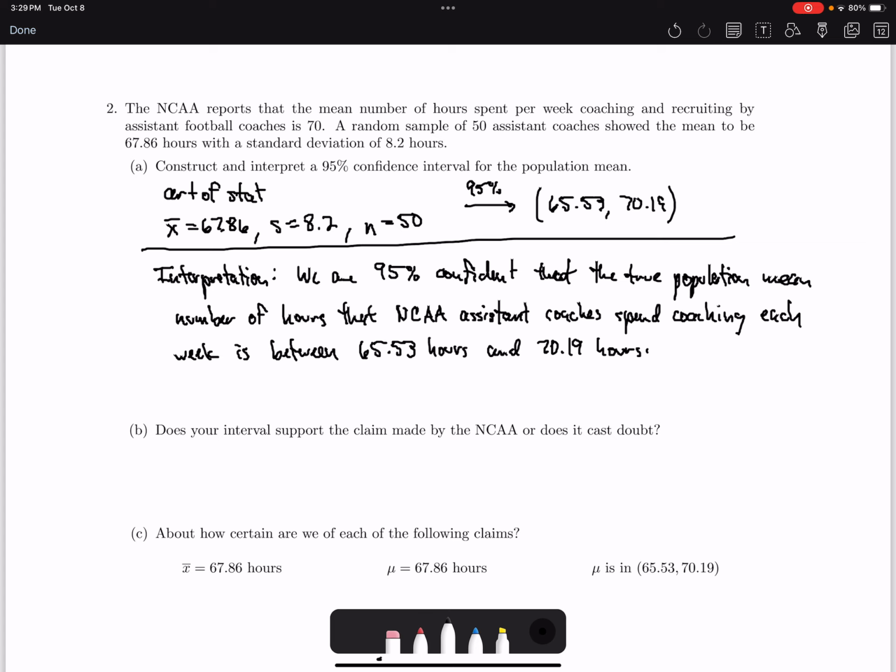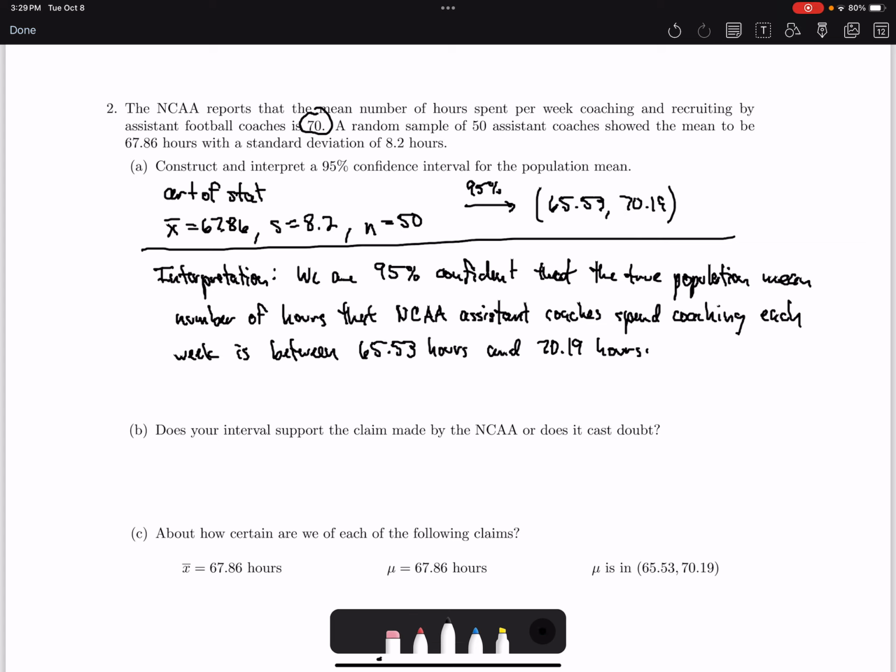Does your interval support the claim made by the NCAA? Well, the NCAA's claim is that assistant coaches spend 70 hours a week coaching. And 70 hours a week is in our confidence interval. So I think that our confidence interval substantiates, right?